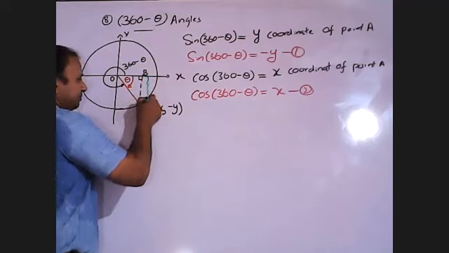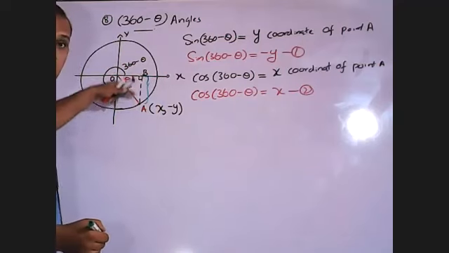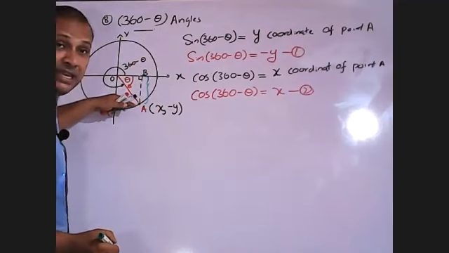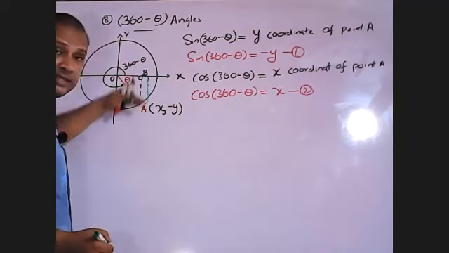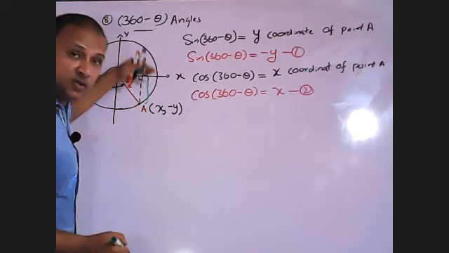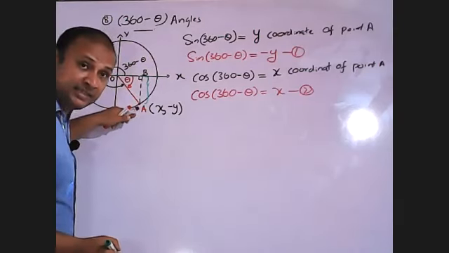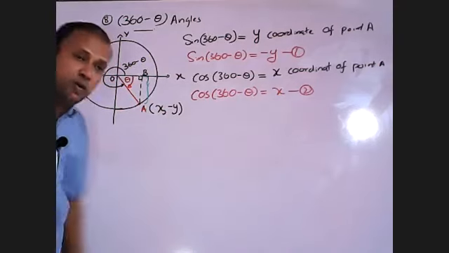This one is the height AB. This is along the y-axis. Therefore, AB length is equal to the magnitude of the y coordinate.